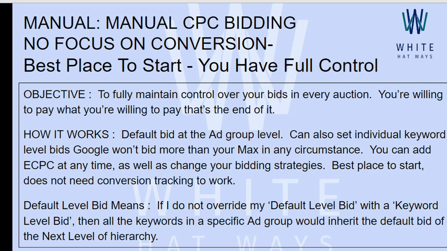So manual cost per click is one of the best ways to start a campaign. Why? Because it does not require any conversion data. You need not have any conversion data in your account and you can still go ahead with manual CPC. While your account is taking off, in the starting phases, and does not have the conversion data, you might go ahead with this kind of bidding strategy, manual CPC.